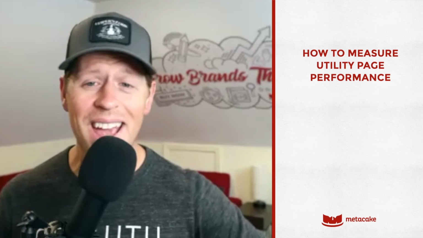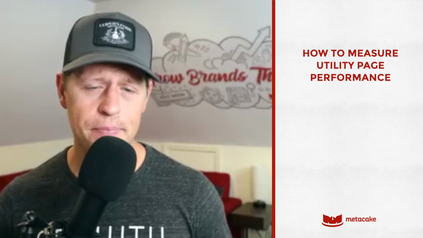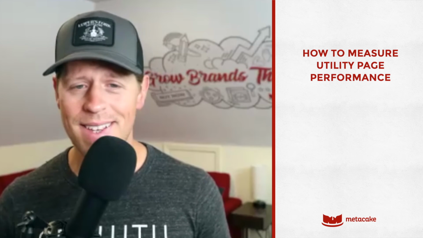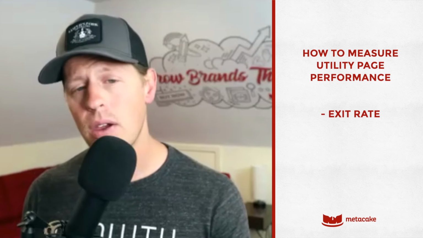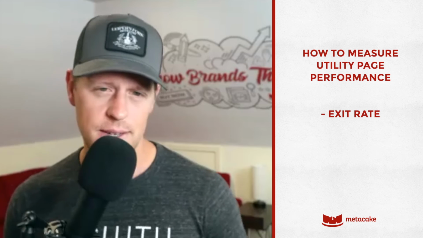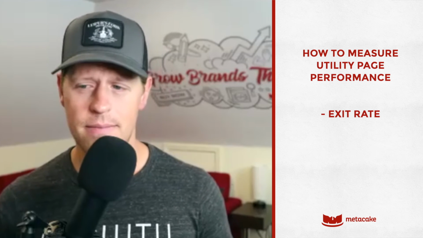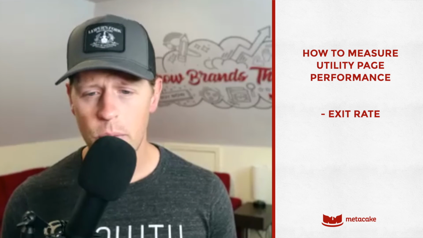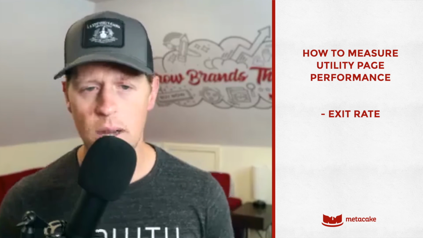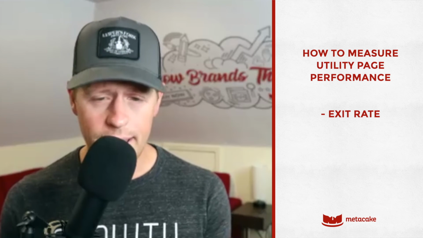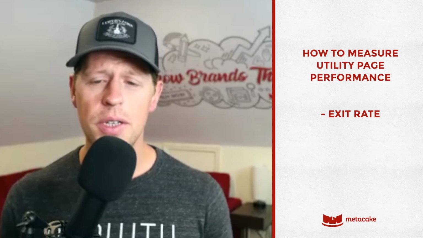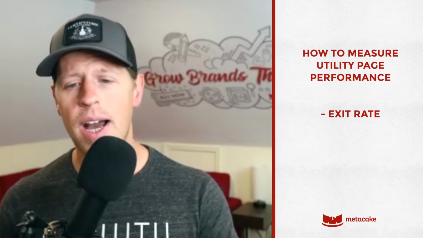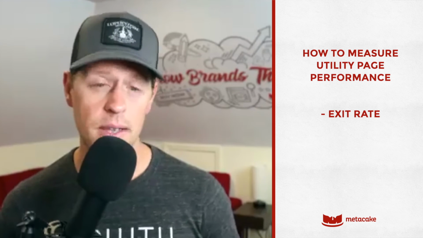And so let's quickly talk about how we measure the effectiveness of any utility page. The first way to measure it is by exit rate. If people are coming here and then exiting your site, that is a bad sign. That likely means that we have not answered that question and we have not given them the confidence to continue on. And so we want that exit rate to be small, right? This utility page should have a high likelihood to go back into the selling experience.